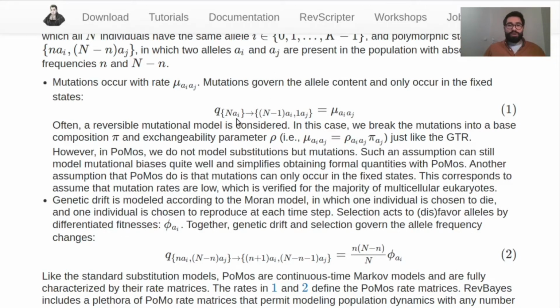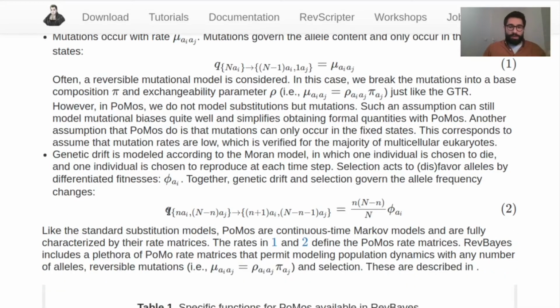Okay, now that we know how we escape the fixed states, let's see how we move along the polymorphic ones. And I have an example here. So again, we have Q, this is an element of the POMOs rate matrix, and I'm already at a polymorphic state. So I have n individuals with the AI allele, and after a period of time, I'm reaching a state where I increase by 1 the frequency of the AI allele, meaning that I decrease by 1 the frequency of the AJ allele.